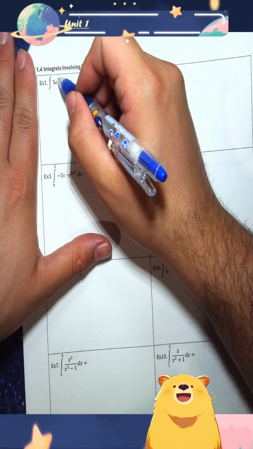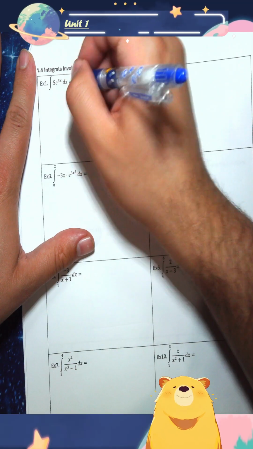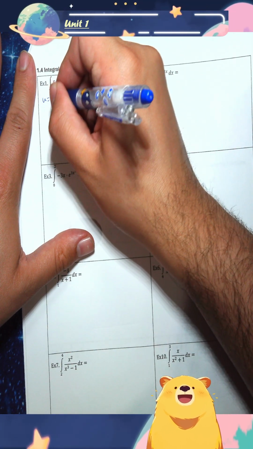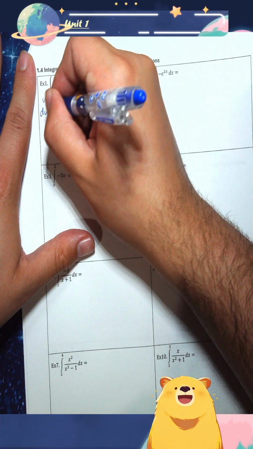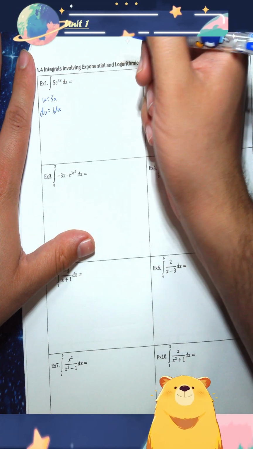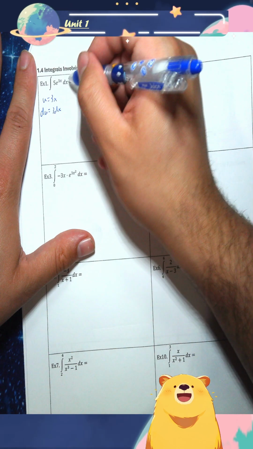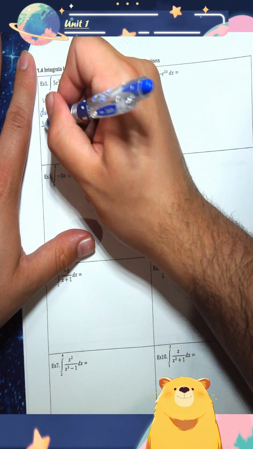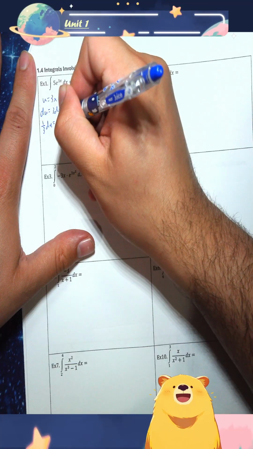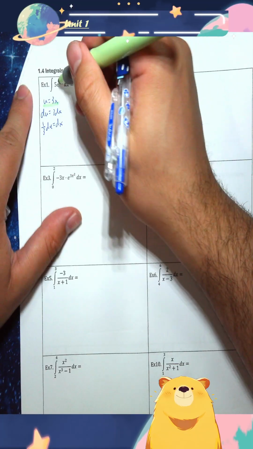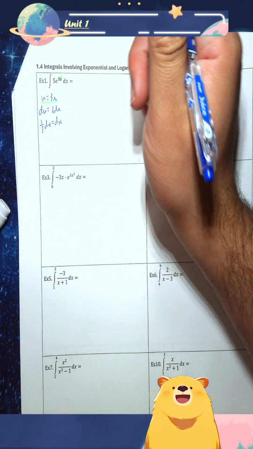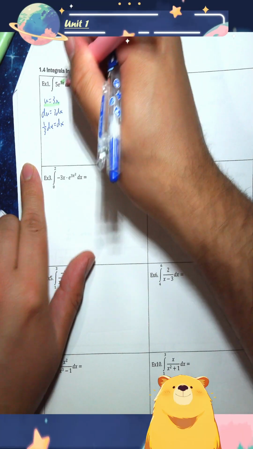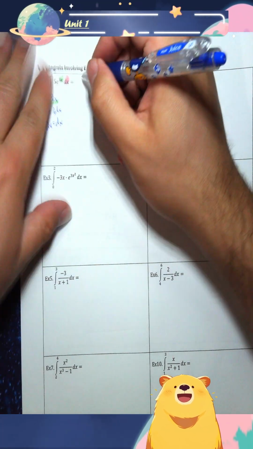Here we see that this would be easier if that was just one single variable, so we're going to make it one single variable. du is equal to 3 dx, and then we don't see a 3 here, so I'm just going to take it out of that equation so I don't have to worry about replacing it. So that will be replaced with the u, and now be replaced with a 1/3 du.